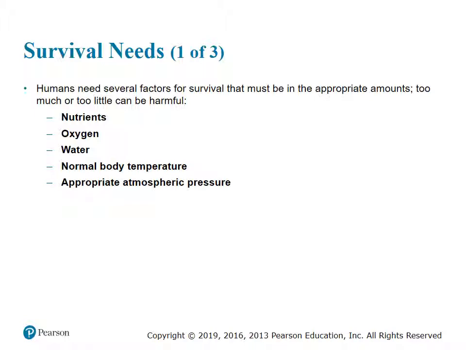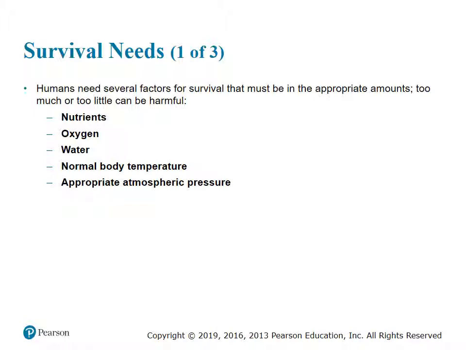All right, so let's talk about survival needs really quick. Let's go through this. Many of this is self-explanatory, so I won't go into too much detail, and your book does a good job of explaining it. Far be it for me to explain more than what the book is showing at this part, so I'll go somewhat fast.